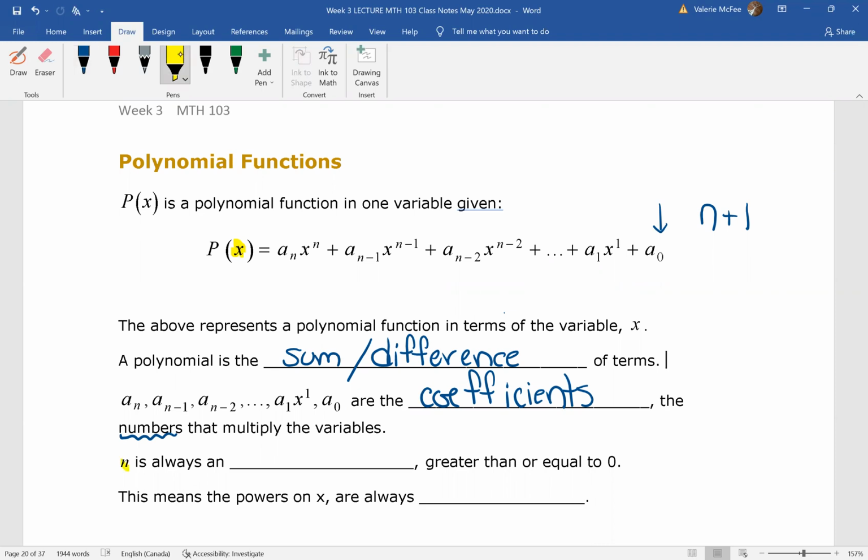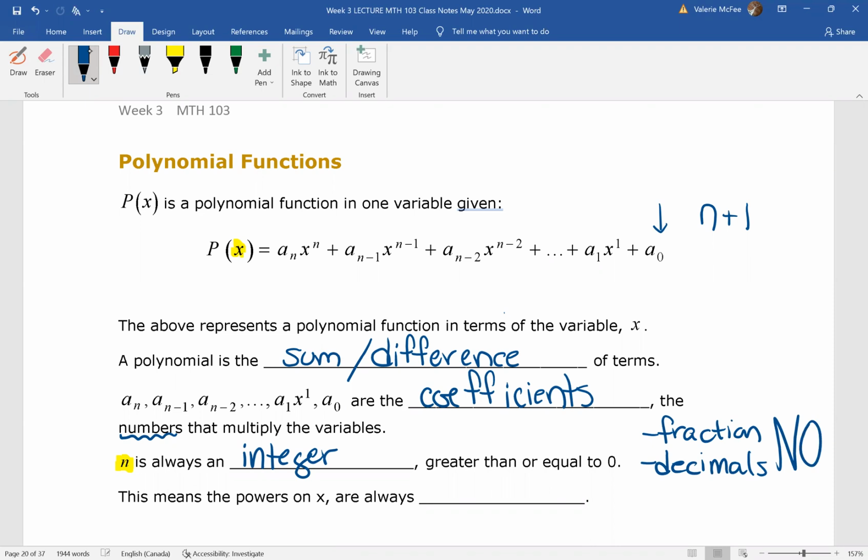Now it's important to note that n, and you see it there all over the expression, n is always an integer. That means no fractions, no decimals. So n is always an integer greater than or equal to 0.